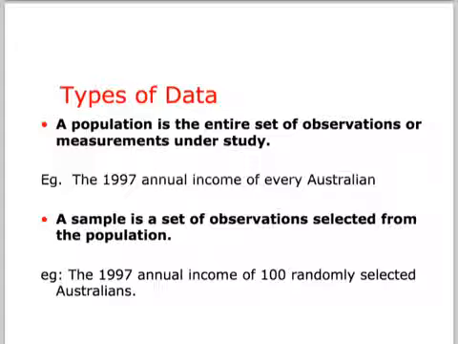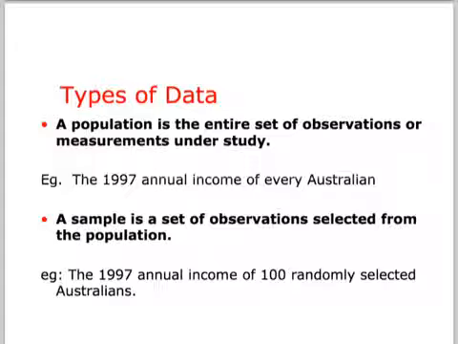Okay, now we are going to look at data in terms of whether it's population or sample. Population is the entire set of the observations. A sample is a portion of the population. Let's look at the example here.